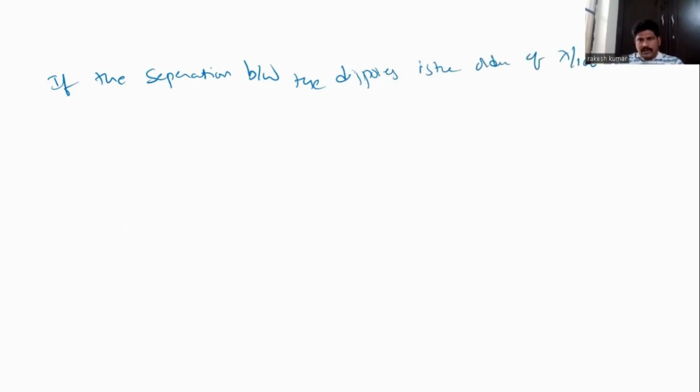And similarly, if the separation between the dipoles is of the order of lambda by 100, then the self-impedance can become equal to the mutual impedance.